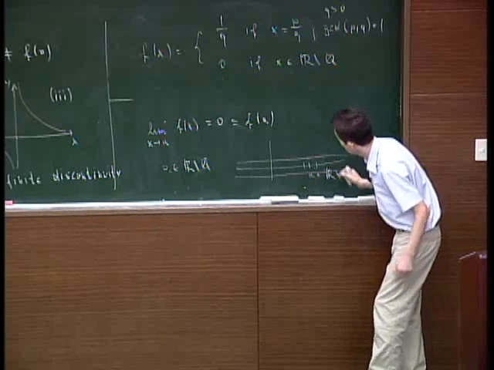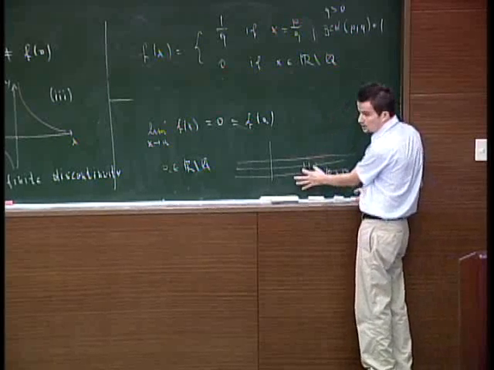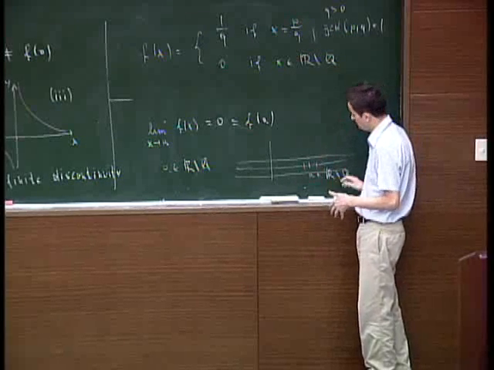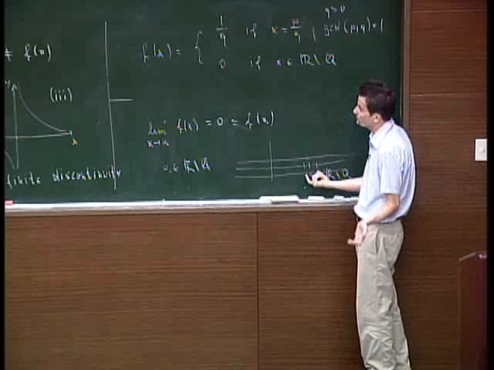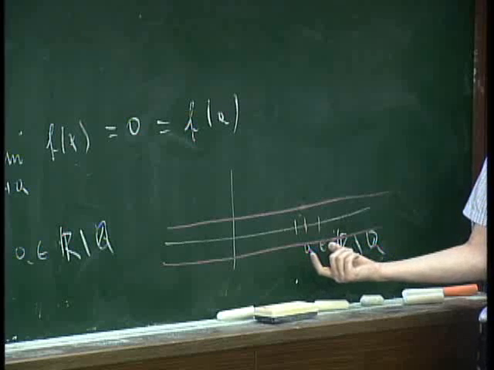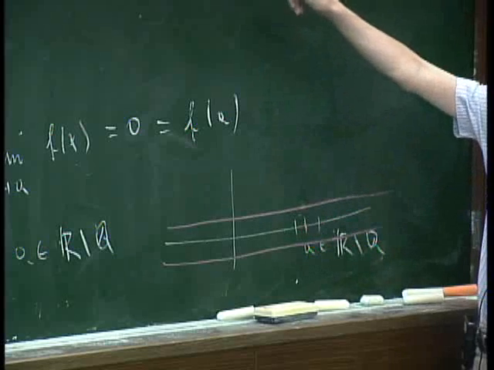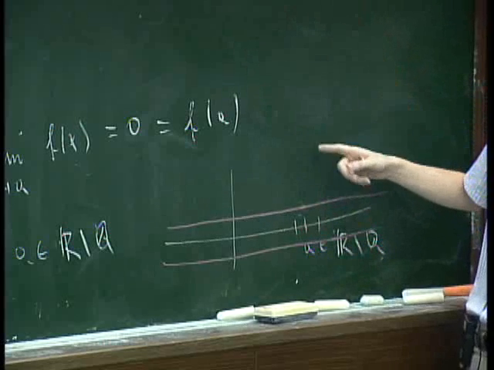Now, of course, this interval here contains both rational and irrational numbers. For the irrational numbers, you do not have a problem because the function value is 0. But for the rational numbers, you have a problem because the function value might be outside the epsilon strip.